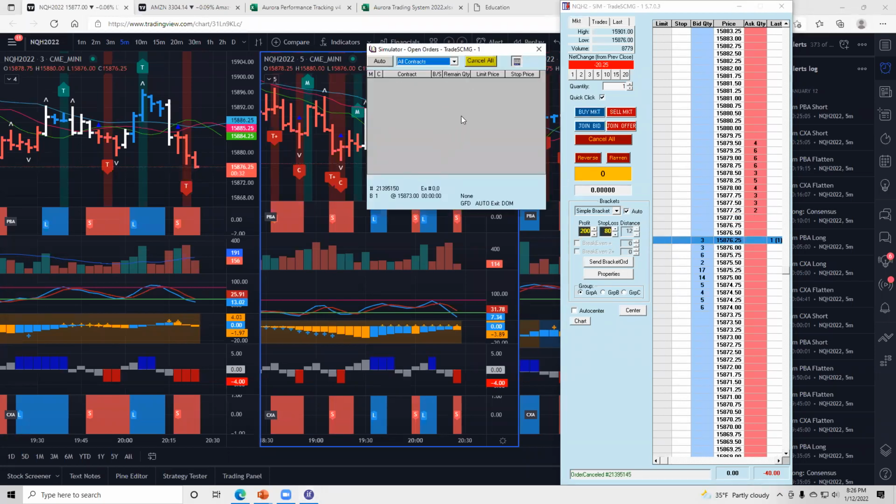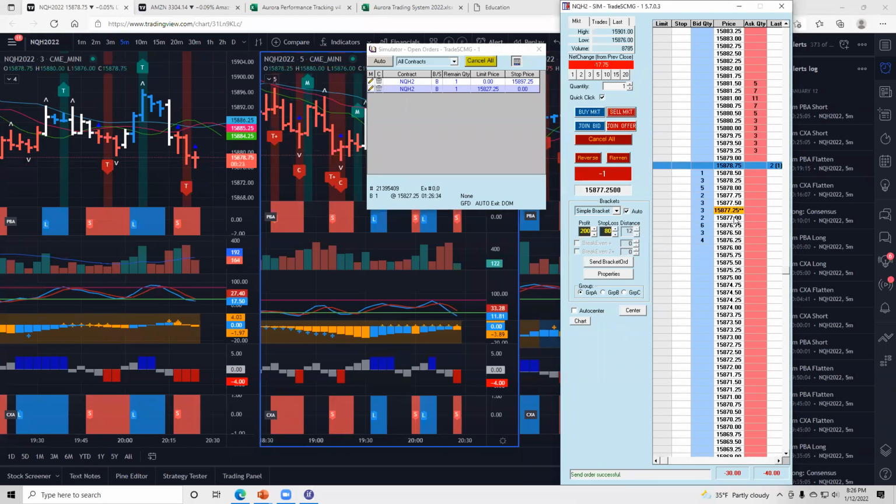Right now you can see there's nothing there. If I were to go short by selling market, I'm short at 877.25. I'm going to scroll down my dome and click on 867.25.